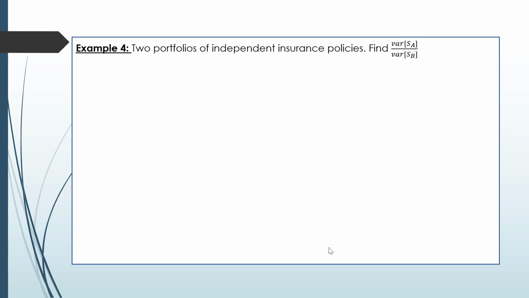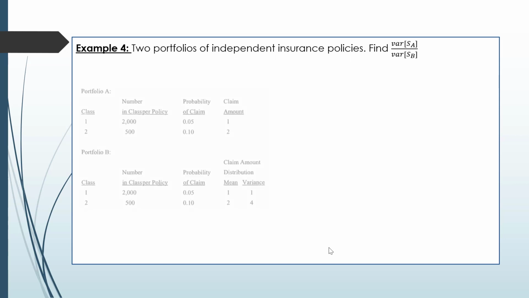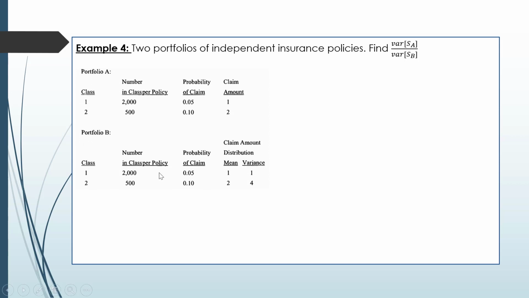Now let's consider this example. Two portfolios of independent insurance policies. Here the question gives you two portfolios A and B, and asks for the ratio of the variance of SA over the variance of SB. In each portfolio there are two classes.